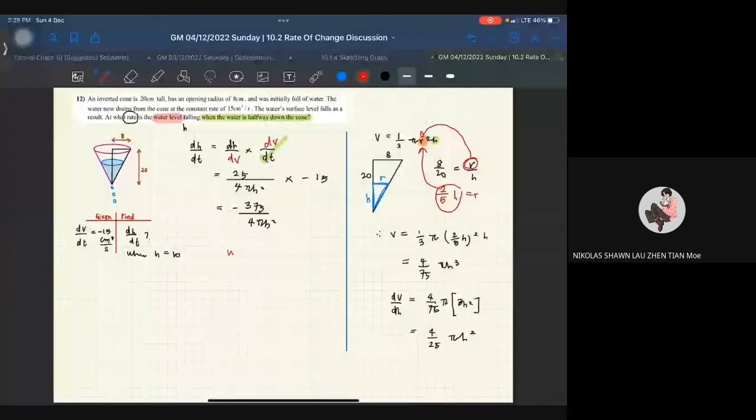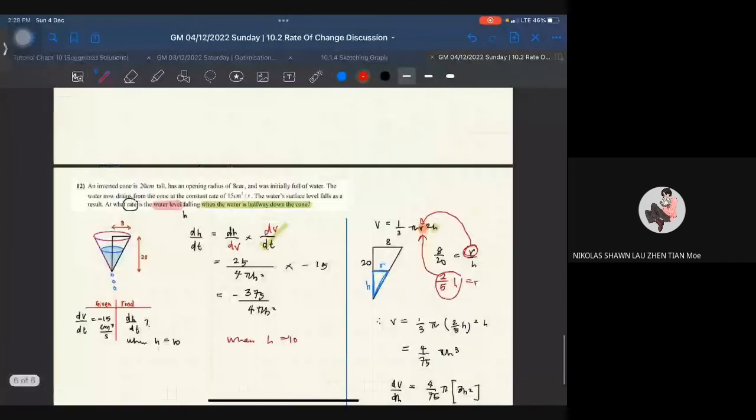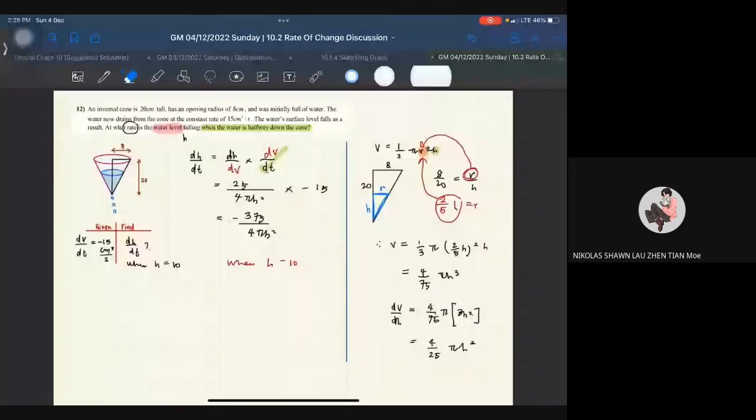So when H is equals to 10, okay, so kita akan dapat dh/dt equals to negative 375 over 4 pi 100.